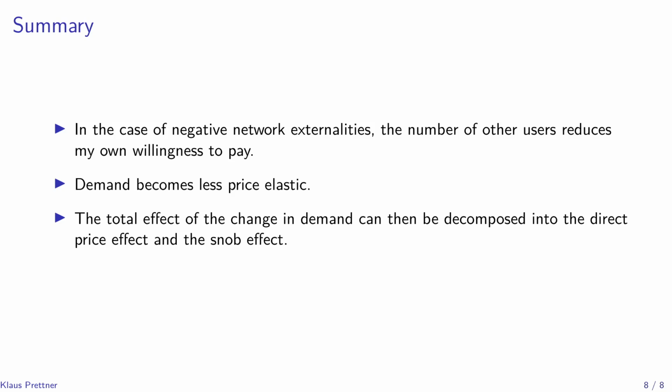In this case, the two effects work in opposite directions, and the pure price effect is compensated to some degree by the Snob effect. So it's exactly the opposite of the bandwagon effect, the positive network externality, and this completes our discussion of network externalities altogether, because we had both of these important cases now.